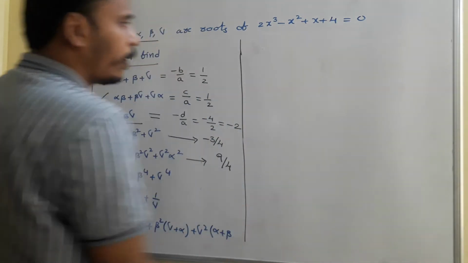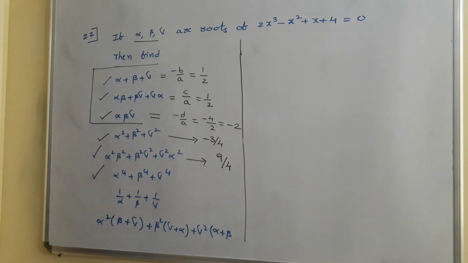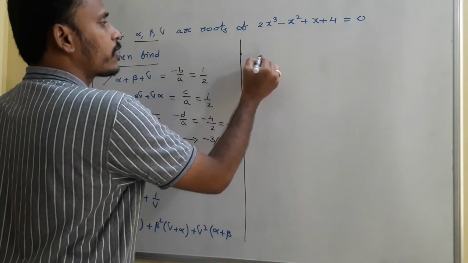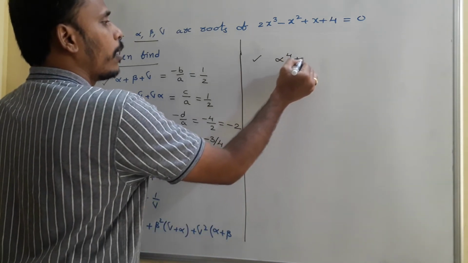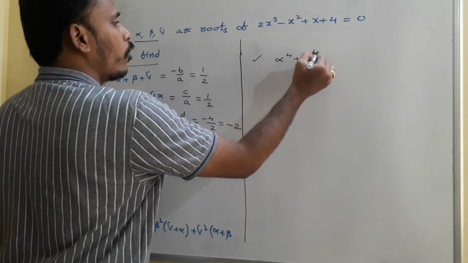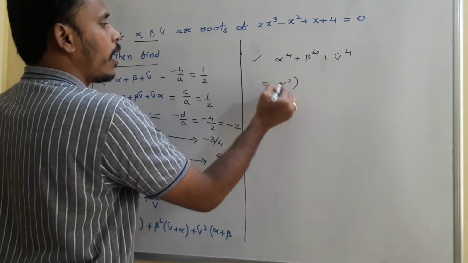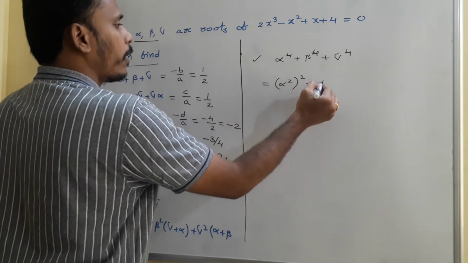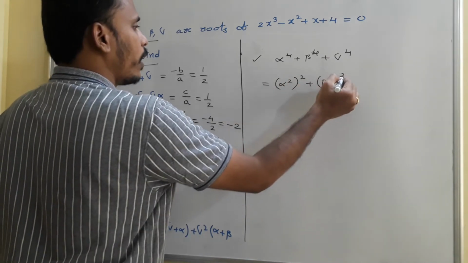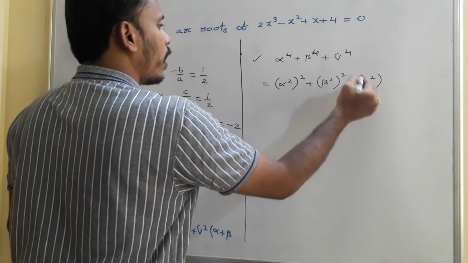So listen carefully and along with me you just note it down. The next thing is alpha power 4 plus beta power 4 plus gamma power 4, which is simply nothing but alpha square whole square plus beta square whole square plus gamma square whole square.